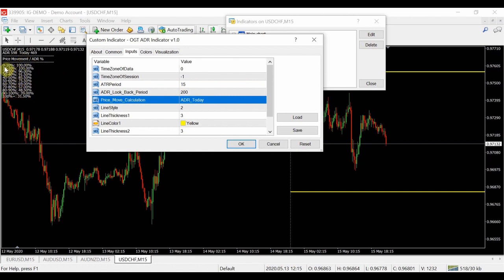What this is showing is how much the currency pair has moved over the last X number of days in relation to the ADR. On the top left hand corner, the ADR gives you the calculation.